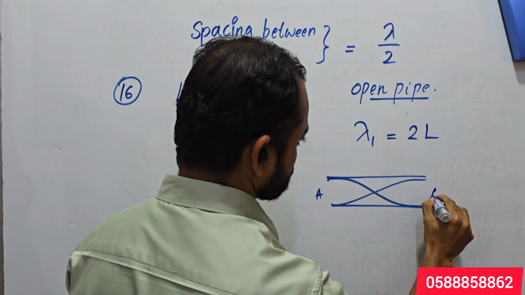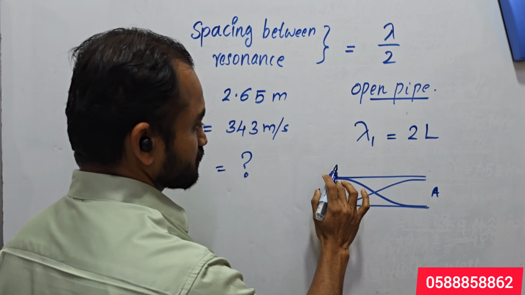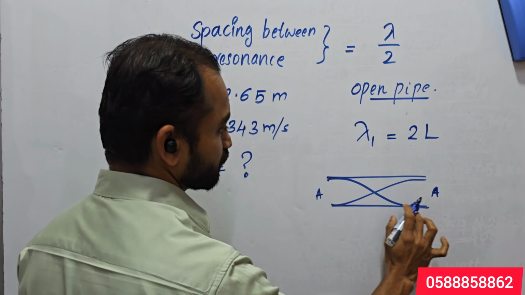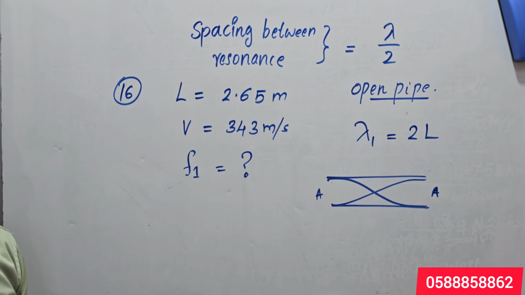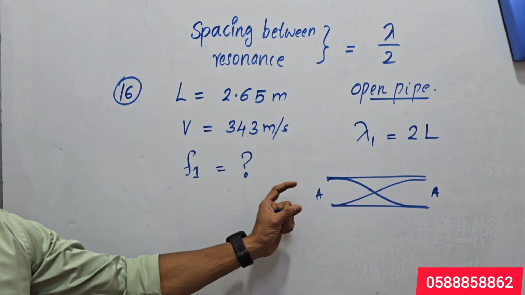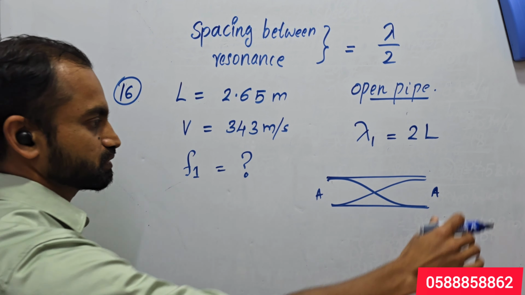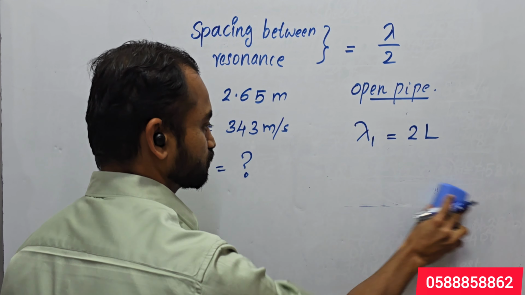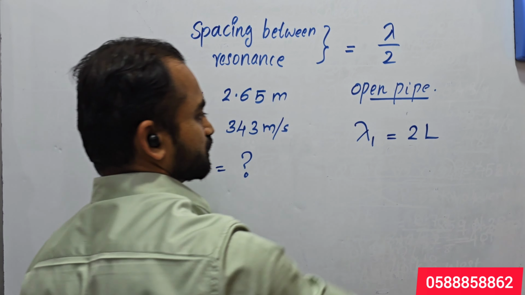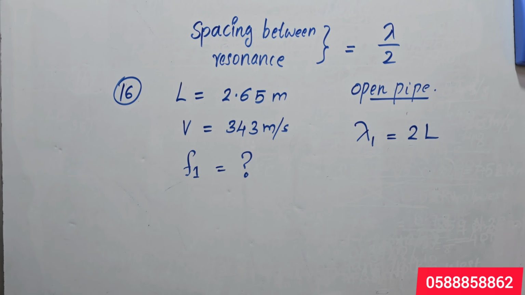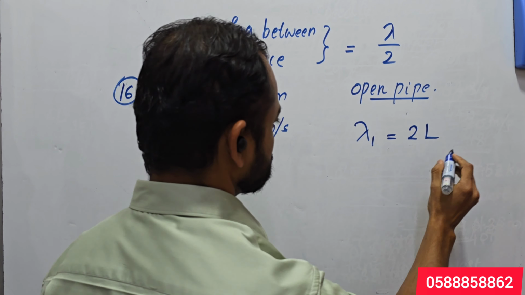So antinode and antinode, right? So this length is half of a wave. So lambda divided by 2 is equal to the length of the pipe. So lambda equals 2 times length. That's correct.